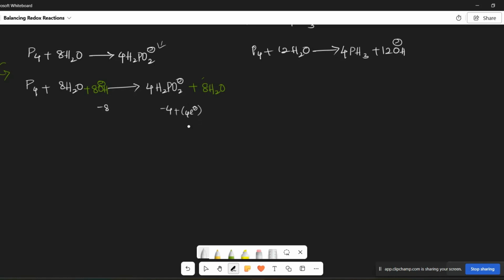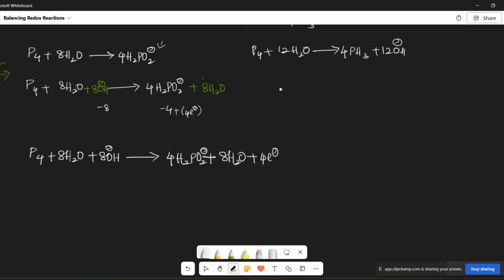So if you add 4 electrons, it will become -8 and -8, balancing the charges. So you add 4 electrons on the right side. So P4 plus 8H2O plus 8OH negative, and here it will be 4H2PO2 negative plus 8H2O plus 4 electrons.